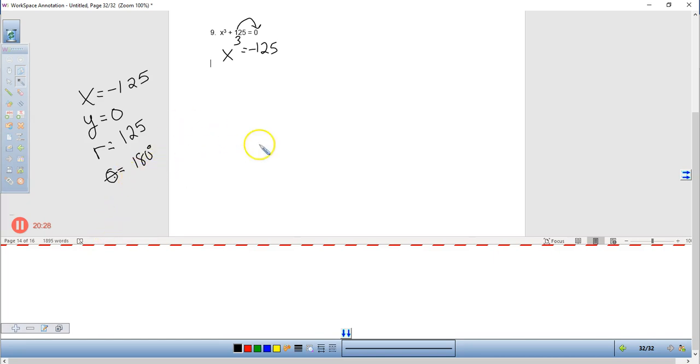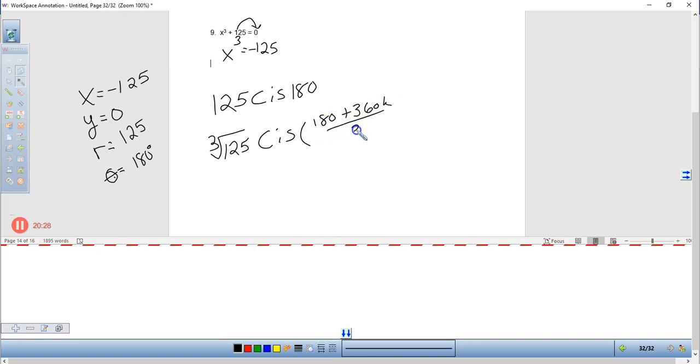Okay, so let's plug them in. We have 125 cosine I sine of 180. Now we take the cube root, because we're talking about 3, so the cube root of 125 cosine I sine of 180 plus 360k divided by 3.